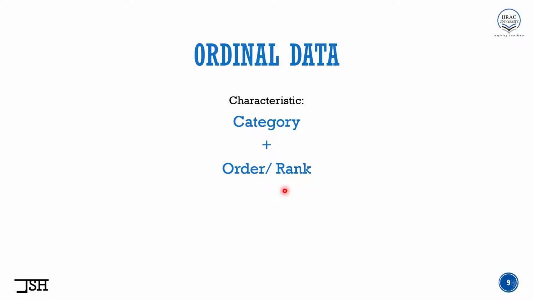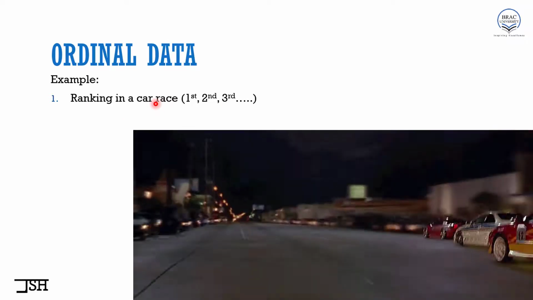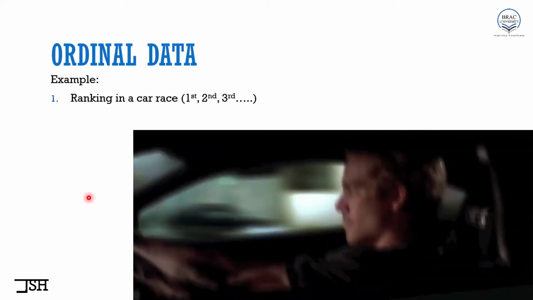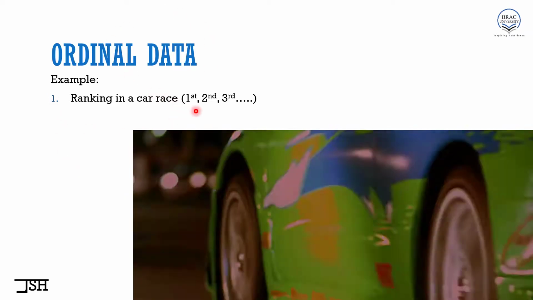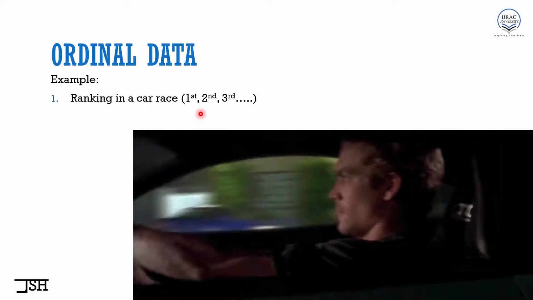Let's take a look at the example here, and I guess in that way it will be very easy for you. So let's say this is one of the questions. We are talking about a ranking in a car race. Let's assume that there is a car race just like this, alright? Maybe Paul Walker was in the race, and at the end of the race I ask you what is the position of Paul Walker in this race, and you have the options to choose from: first, second, third, fourth, fifth, or whatever.